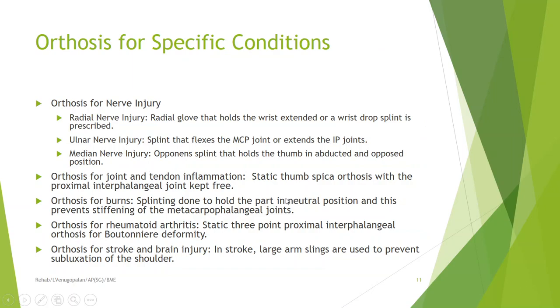Now orthosis for specific conditions are like orthosis for radial nerve injury. So you have 3 nerves around your wrist. So the place where you can feel your pulse is where your radial artery is. So around that area is your radial nerve.